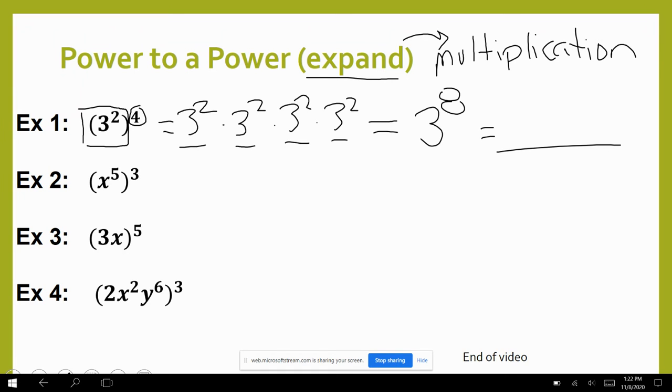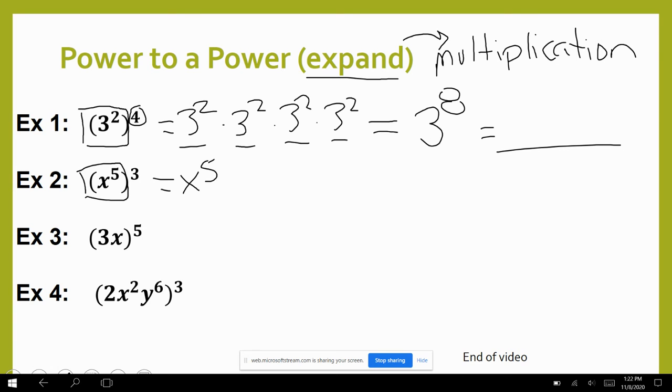We have x to the 5th to the 3rd power. Well, our base piece of our power to a power is now a variable, but our rule applies the same exact way. So we are going to expand this by writing it as the multiplication that it is. So if it's x to the 5th to the 3rd power, it's really x to the 5th multiplied by itself 3 times.